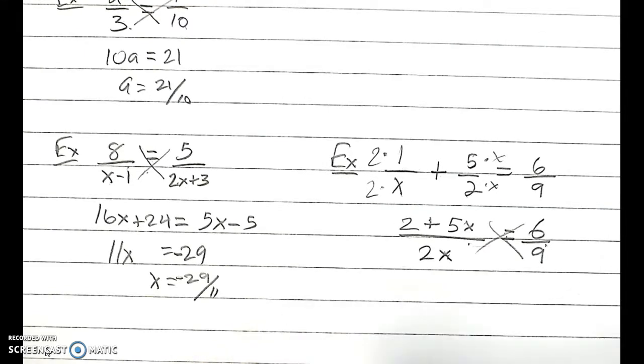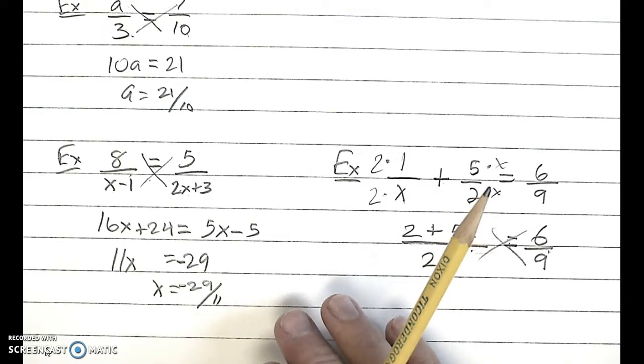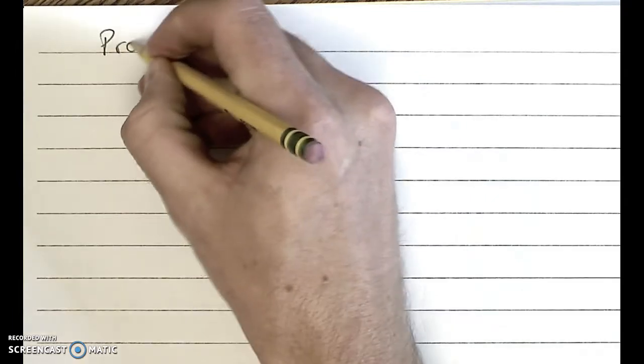So in a situation like this, it's not too bad just to add the fractions and then cross multiply. But when we get a little more complex, I tend to think it's easier to use our second process, which is using a common multiple.